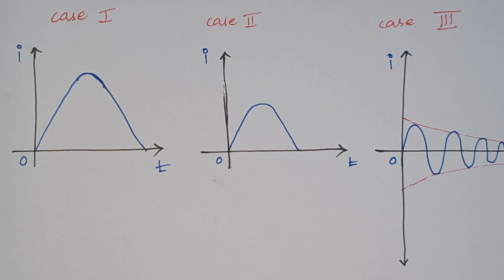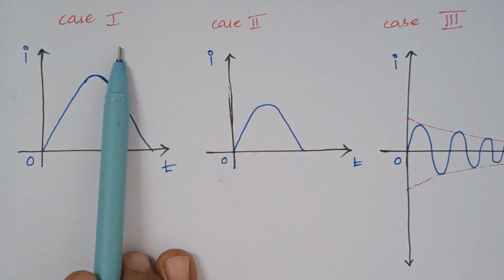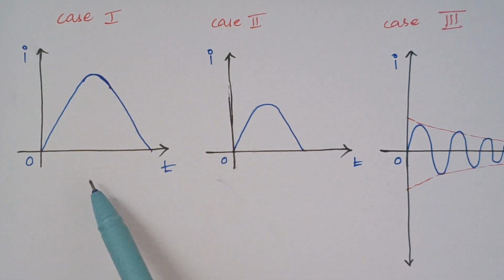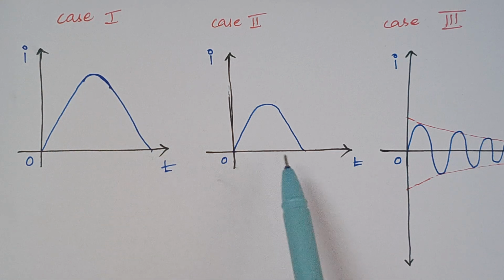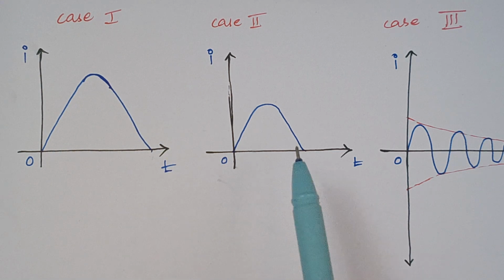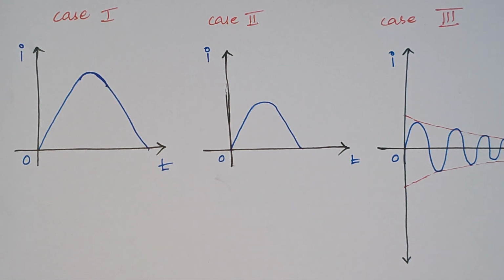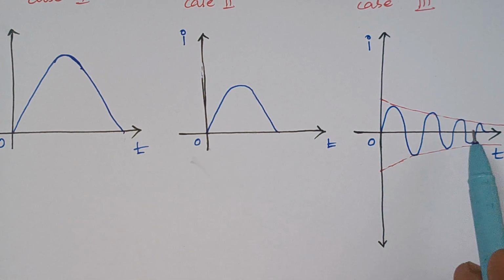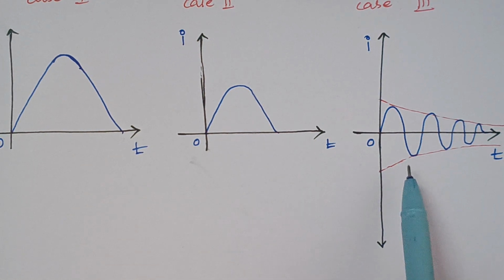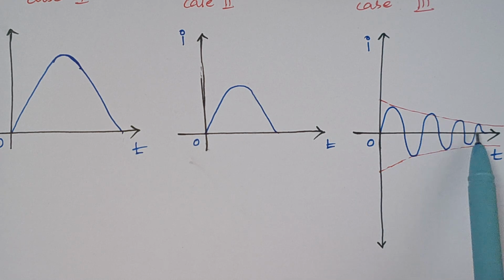So this is the respective graph. Here the first one is the current said to be overdamped. In the second case the current is said to be critically damped, and in the third case the current is said to be oscillatory. You see here it is oscillating, and at the same time it starts decaying.